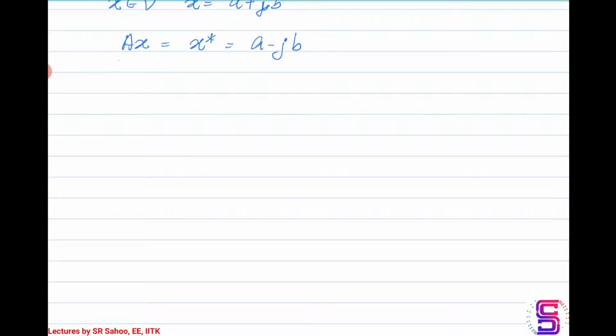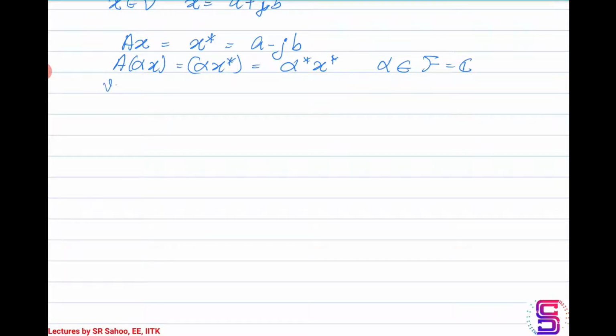Now what is A of alpha x? It is alpha x conjugate, because alpha belongs to the field, which is the set of complex numbers. Okay, so this is what we have.